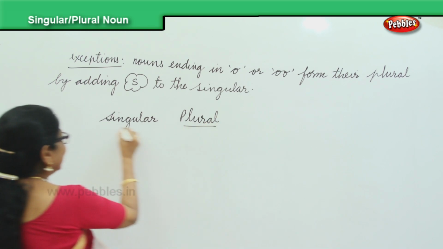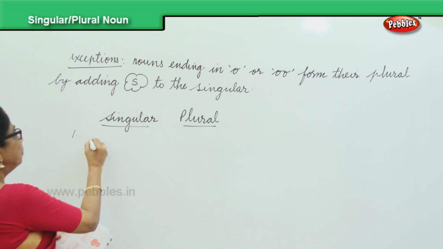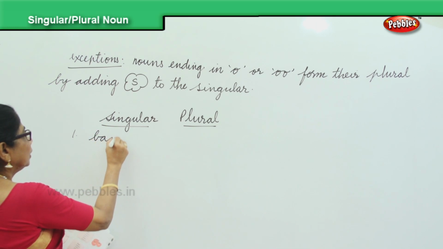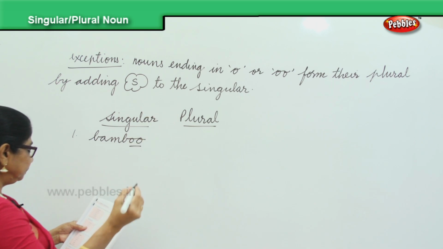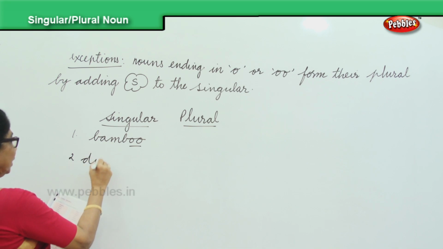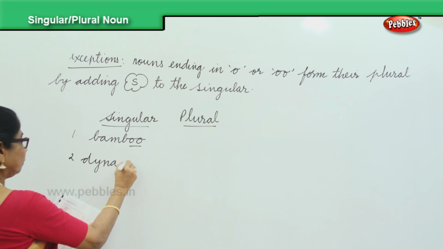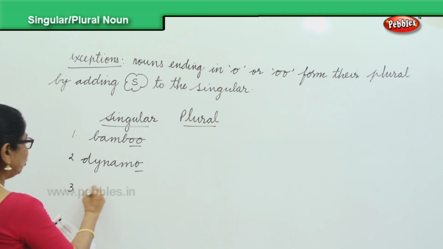Now, let's look at them carefully. The first one I have here is bamboo. There is double O here. Dynamo, single O. Then you have cuckoo.